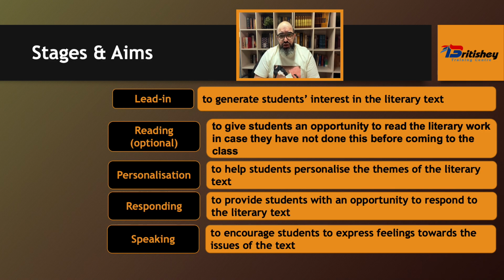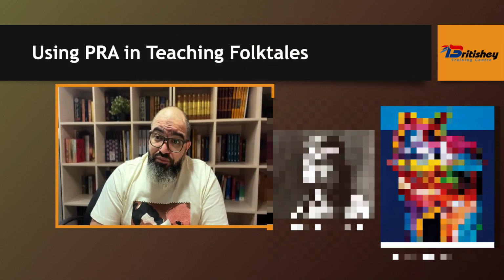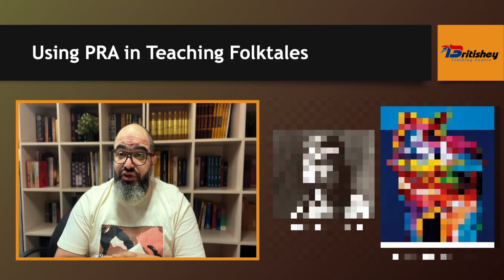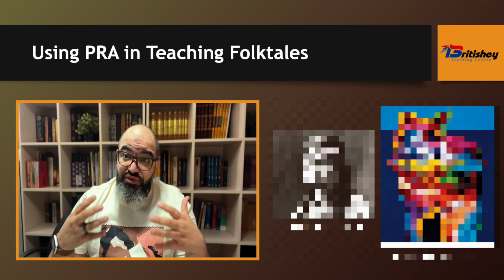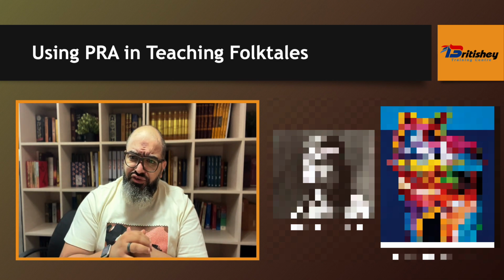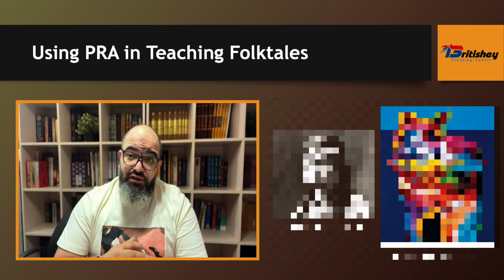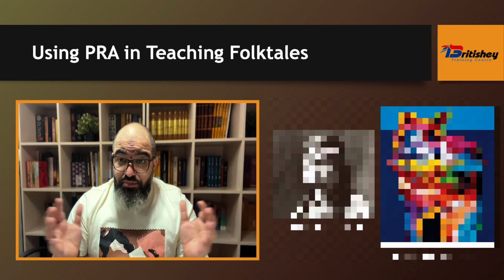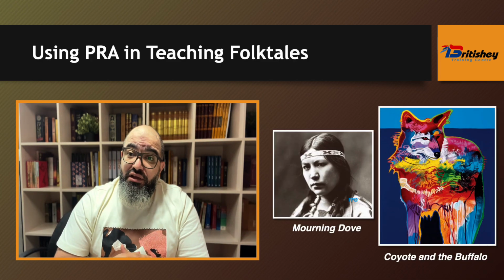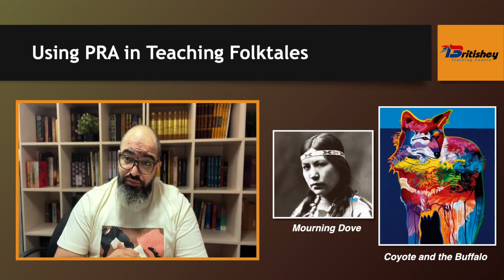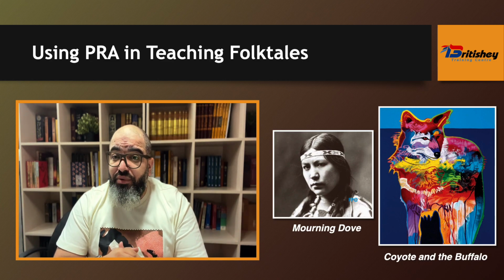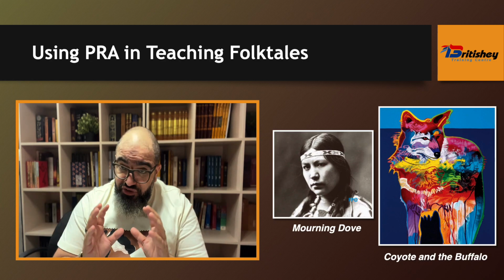Right. So let's see how we can move these stages into actual implementation by giving you an example from American literature, and to be specific, folk tales from American literature. Let's see. We have here a folk tale known as Coyote and the Buffalo, by the writer Mourning Dove.